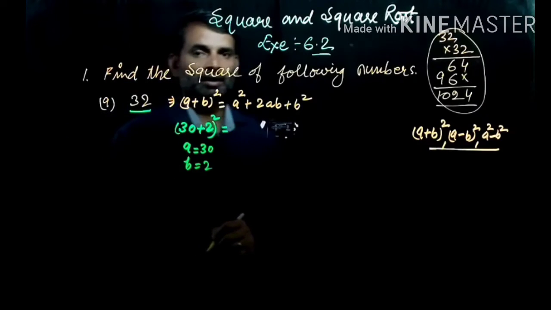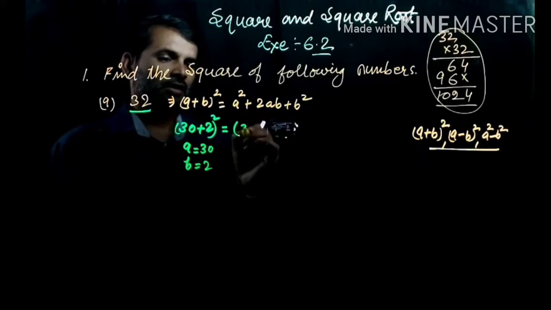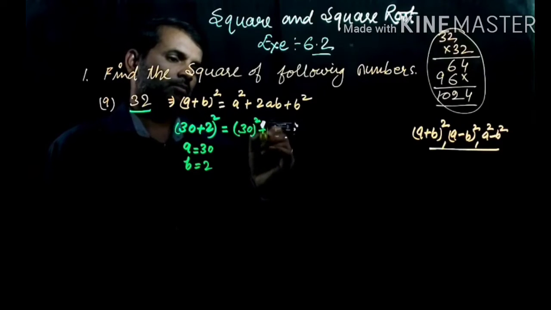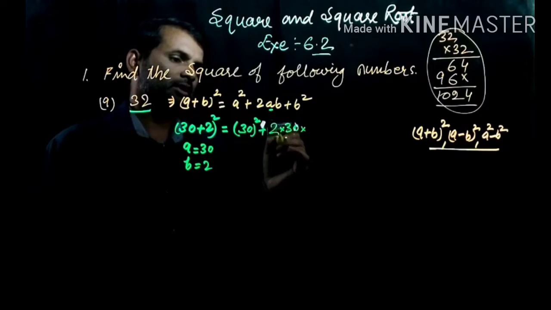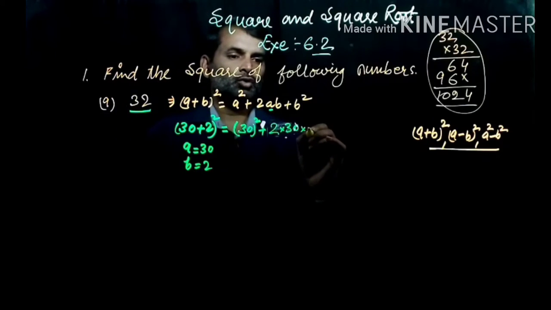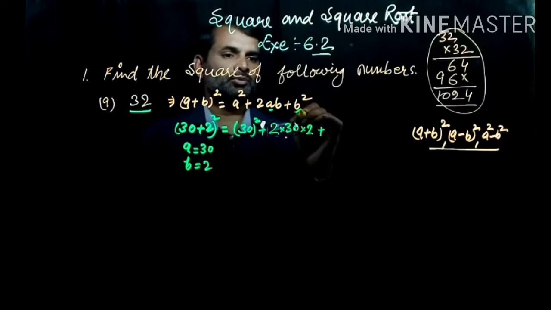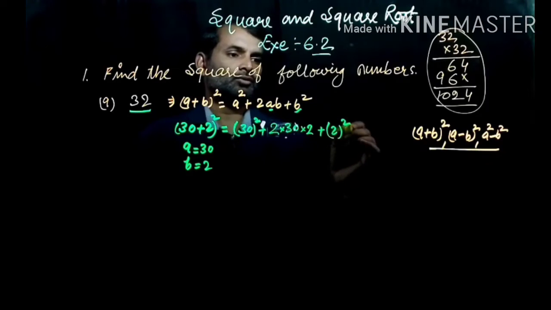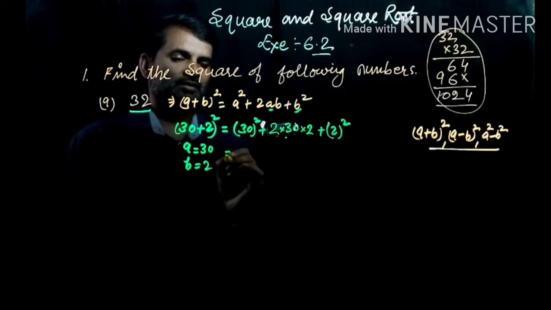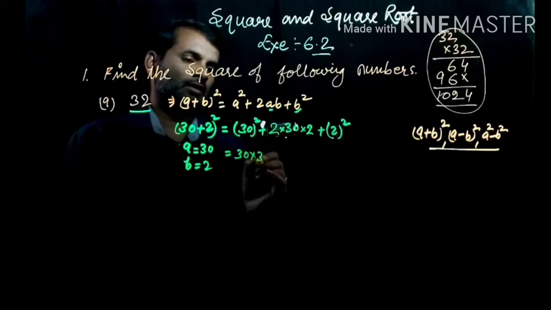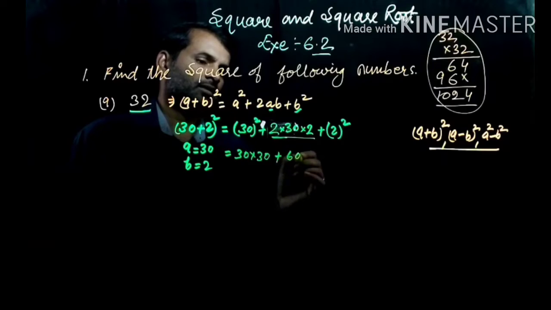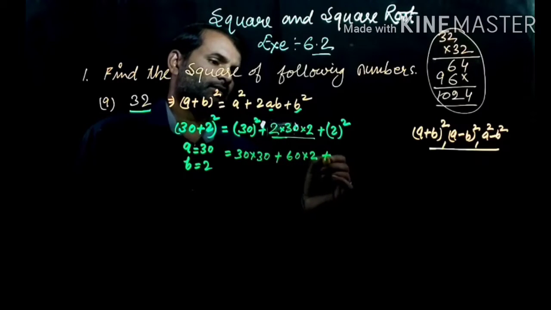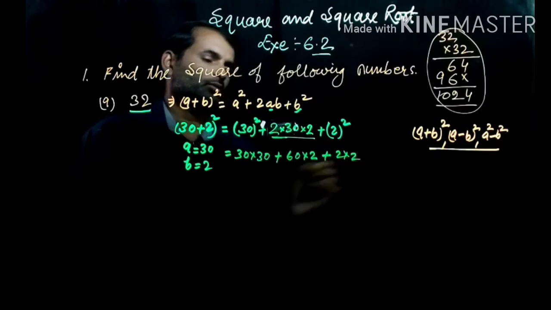Write the value of a as 30 and the value of b as 2. Compare the identity: a square is 30 square, plus 2 into a, which is 30, multiplied by b, which is 2, plus b square, which is 2 square. So 30 into 30 plus 2 into 30 into 2 plus 2 into 2.